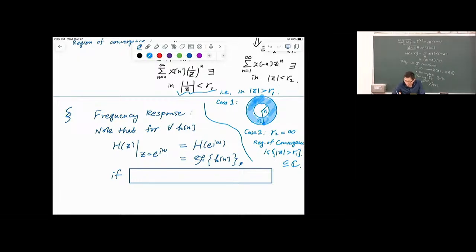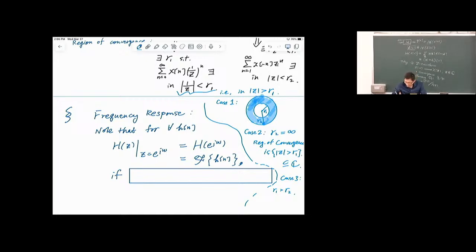And case number 3 is also possible, that the two regions do not overlap. Case number 3 is when R1 is greater than R2. When R1 is greater than R2, the two regions do not overlap.